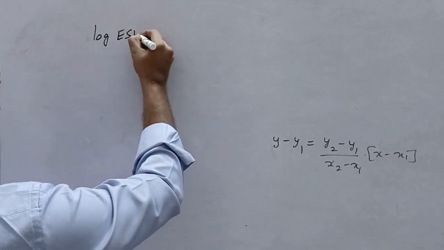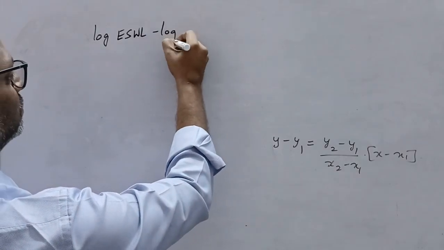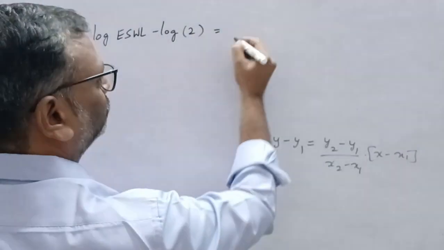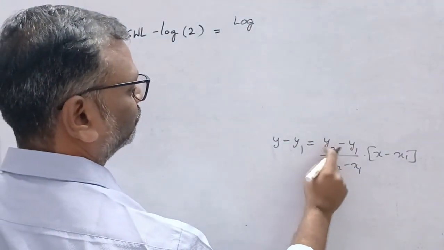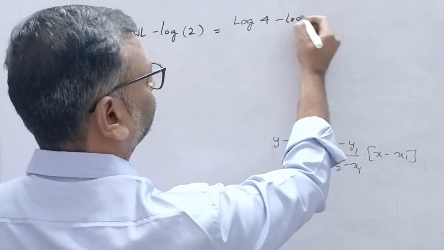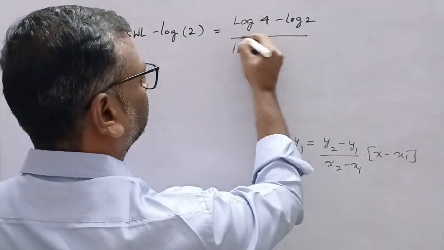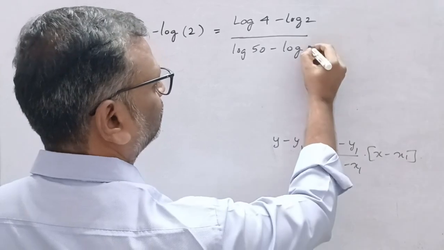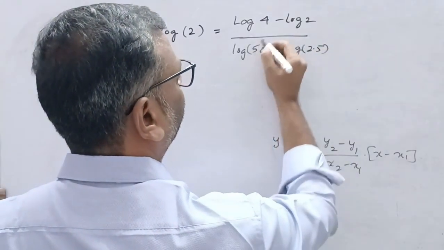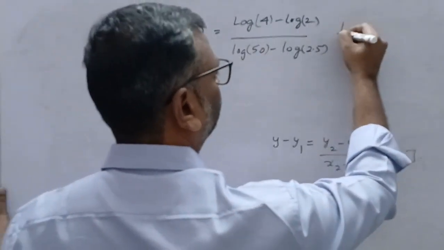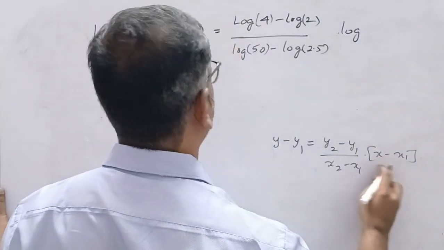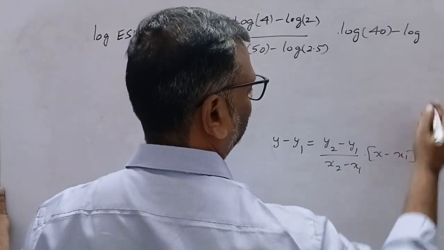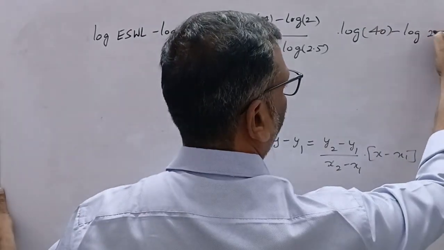So log ESWL minus log of y1, which is 2 kilonewton, is equal to log y2, which is 4 kilonewton, minus log 2, divided by log 2S, which is 50 centimeter, minus log D by 2, which is 2.5 centimeter, into log x, where x is 40 centimeter, minus log of x1, which is 2.5.